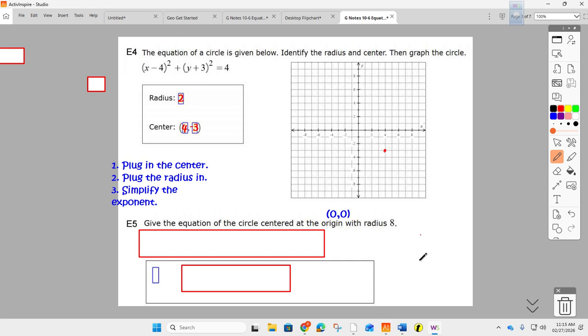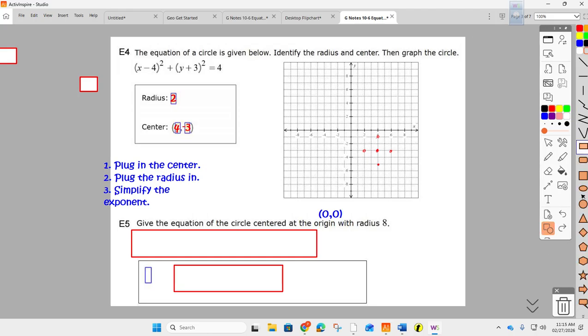And then you've got a circle that you're going to drag on Alex, and you can expand it proportionally or shrink it proportionally. So when I did it, I just plotted the vertical and horizontal radiuses. So I went right 2, up 2, left 2, and then down 2. And then when I drag my circle over, it was easy to just align it with those points.